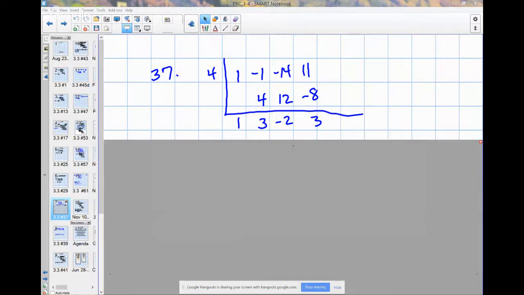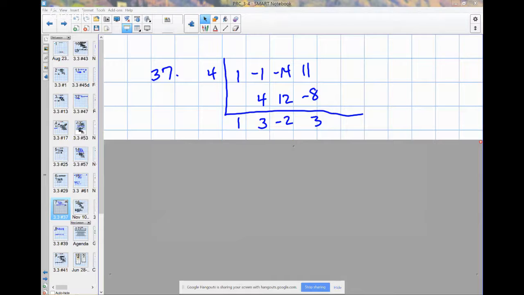Now, the way I've got this showing right now, this is doing the problem with synthetic division. It can also be done with long division. So you guys let me know if you want me to do it that way.